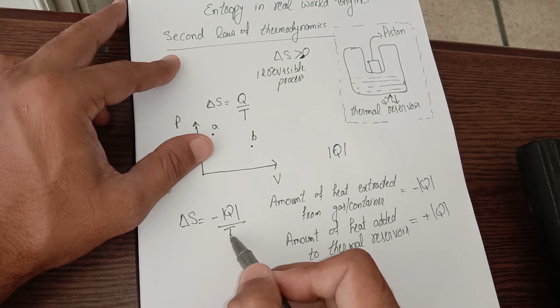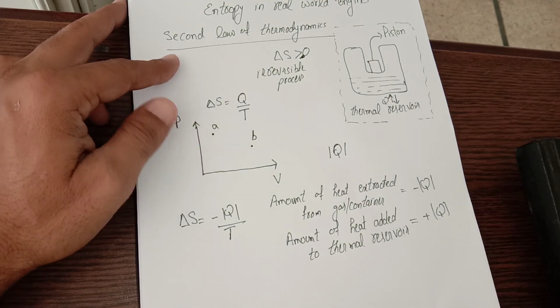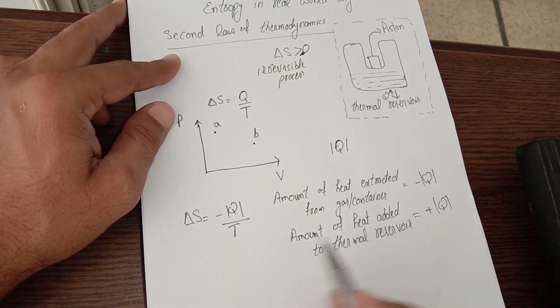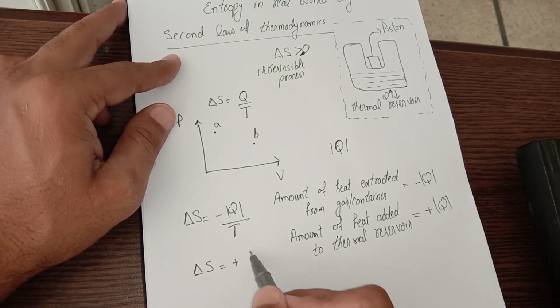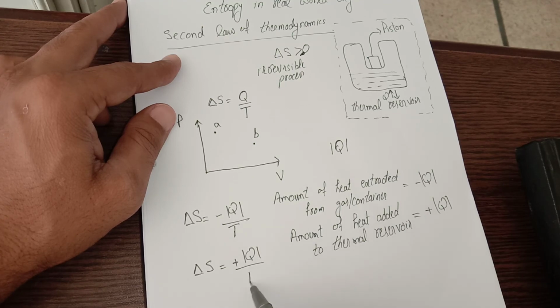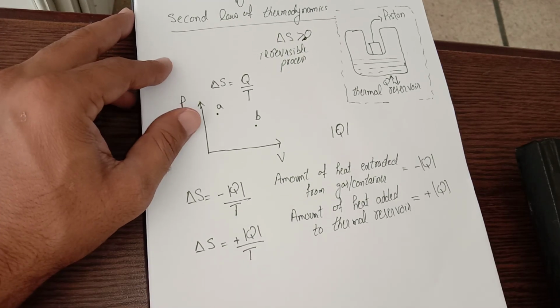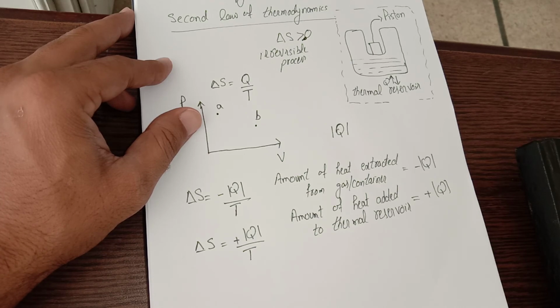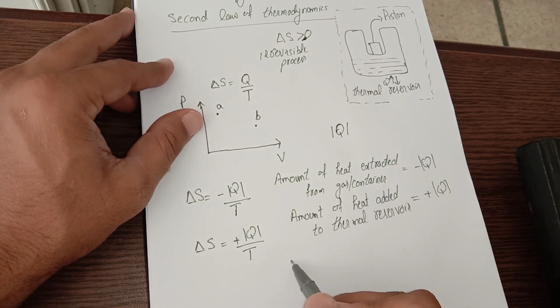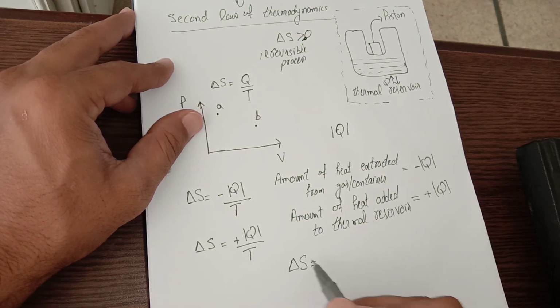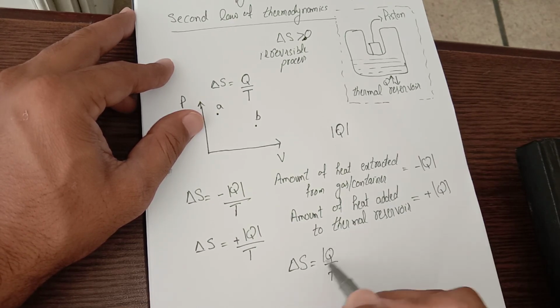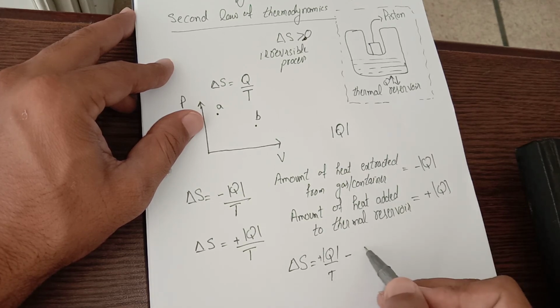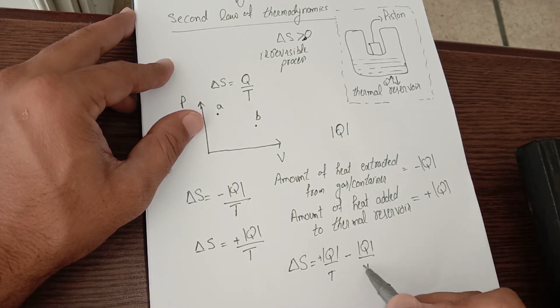Now, if I write down delta S for this case, it should be minus Q by T, let's say it's an isothermal process, it is T, and for this the entropy change should be plus Q by T. Now, if we want to calculate overall change in entropy, that should be plus Q by T minus Q by T. This is net change in entropy.